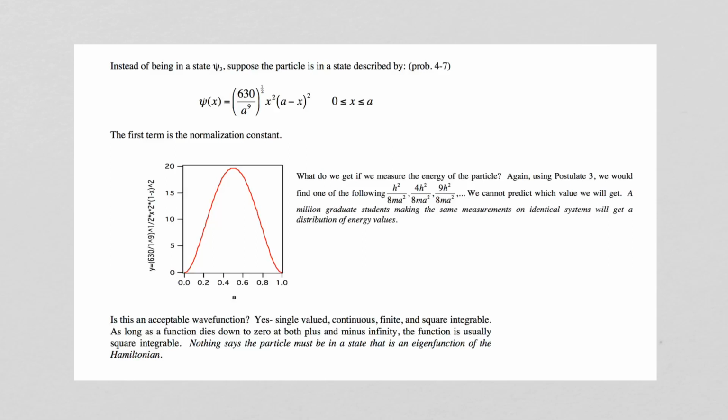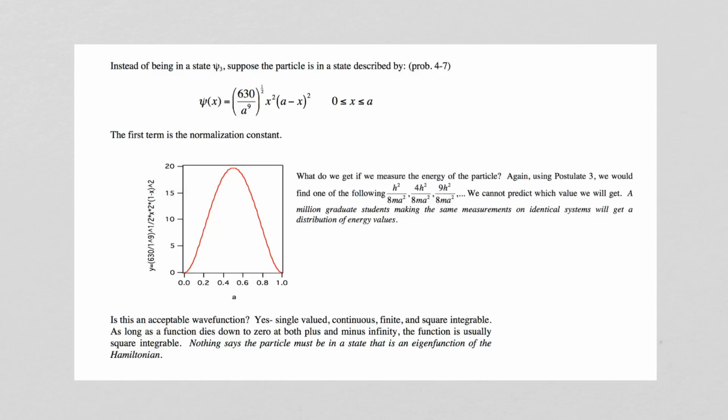But the question we ask ourselves is, I have this particle in a state that's not an eigenfunction of my system, so what do we get when we do measurements? Well, remember back to postulate 3.